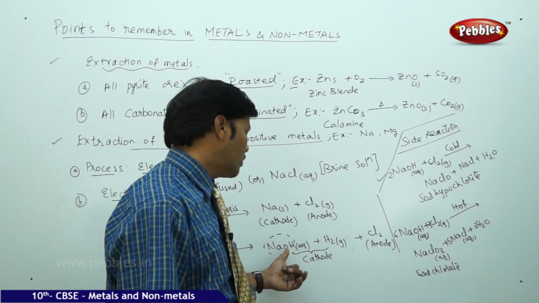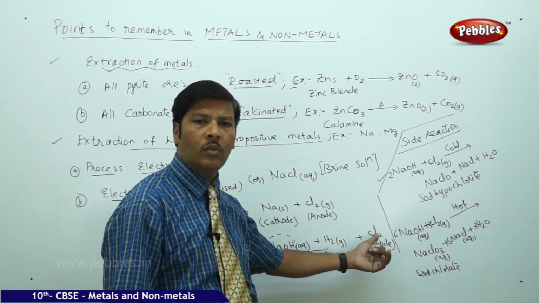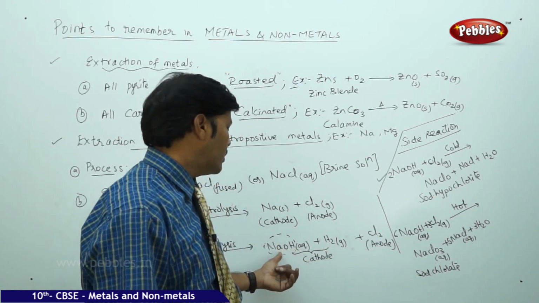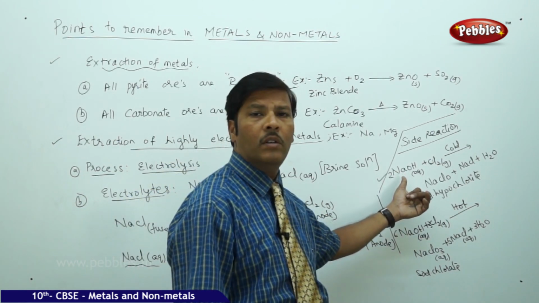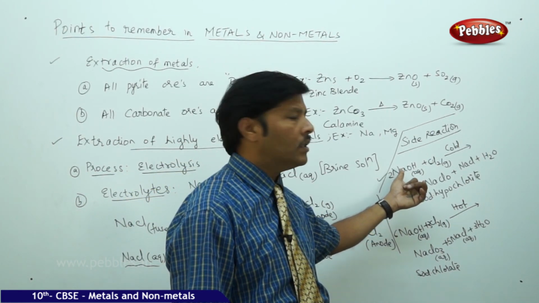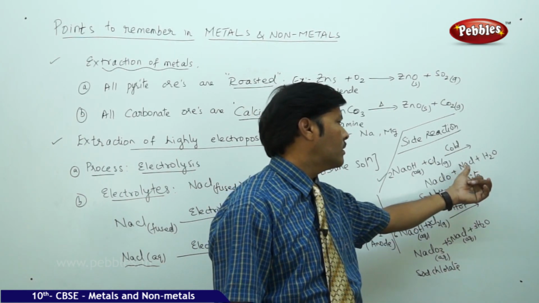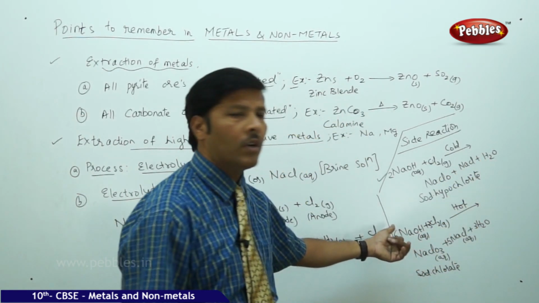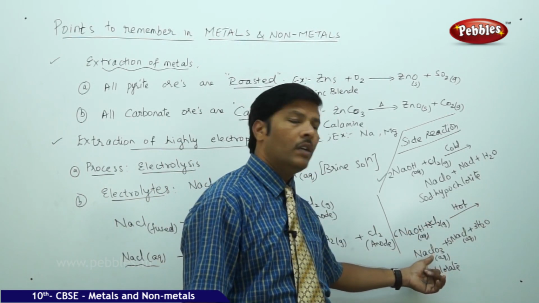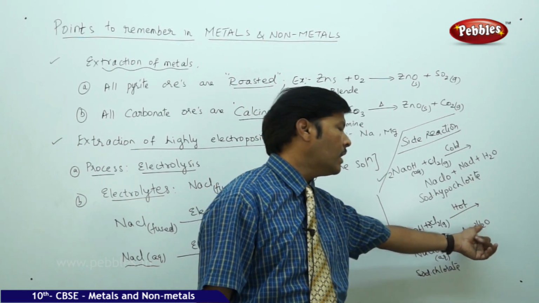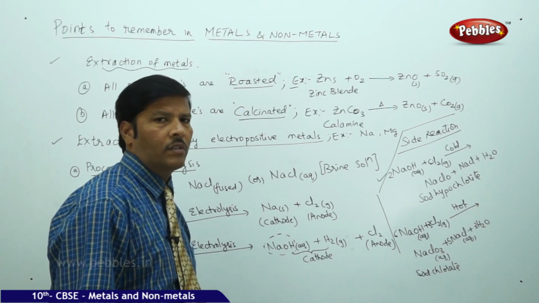Sodium hydroxide, also called caustic soda, in the cold, dilute condition reacts with chlorine to give sodium hypochlorite, sodium chloride and water. Same sodium hydroxide under hot or concentrated condition gives sodium chlorate plus sodium chloride and water. So these are the 2 important side reactions.